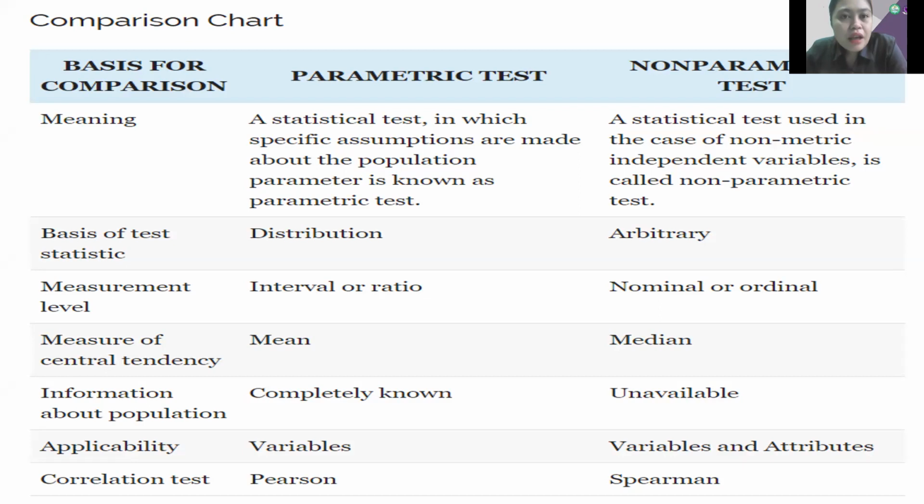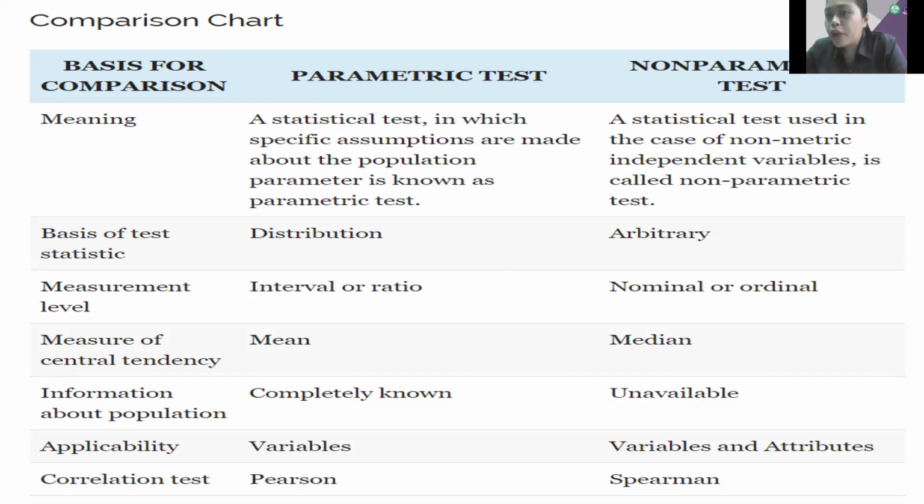Okay? So for the parametric test, number one, you need to ensure that the data set is normally distributed. That's the number one assumption to be met. Again, the data set should be normally distributed. Therefore, if you are going to make a graph of all the collected data, you have to have a bell-shaped curve.